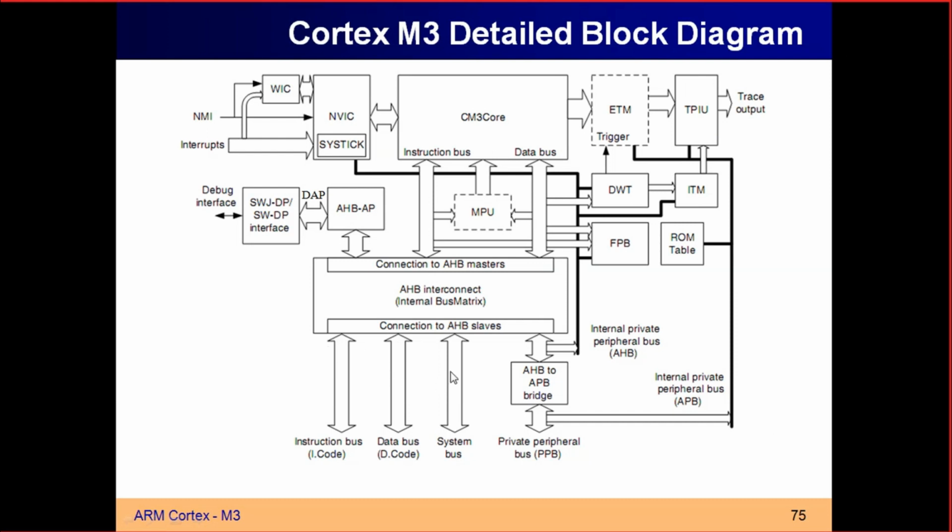These are the different types of buses available in Cortex M3. Whatever data is sent through this bus is aggregated or collected here in the bus matrix and supplied to the corresponding buses. Right. Then here the memory protection unit is optional in the case of Cortex M3. So it depends upon which controller you are using.